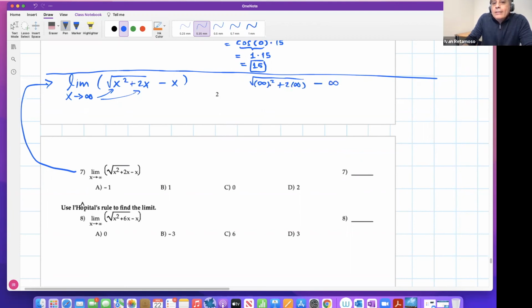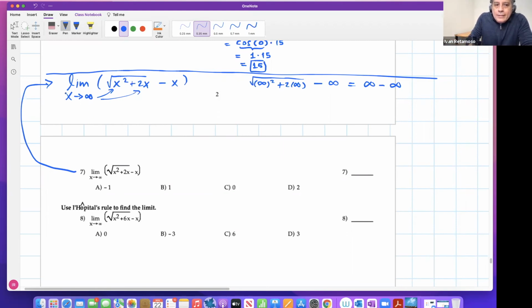This is infinity plus infinity, infinity, the square root of infinity, infinity. You end up with this indeterminate form, infinity minus infinity. So it means that we can apply L'Hopital. But now, before applying L'Hopital, I want you to use a change of variable, because without a change of variable, this will be really difficult. Try to learn this technique, it's going to help in the future.